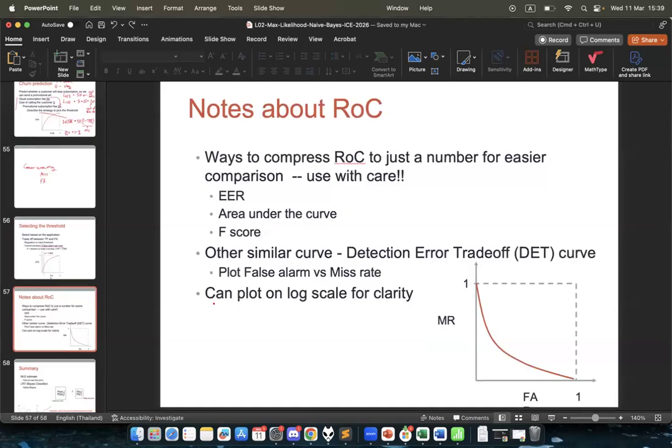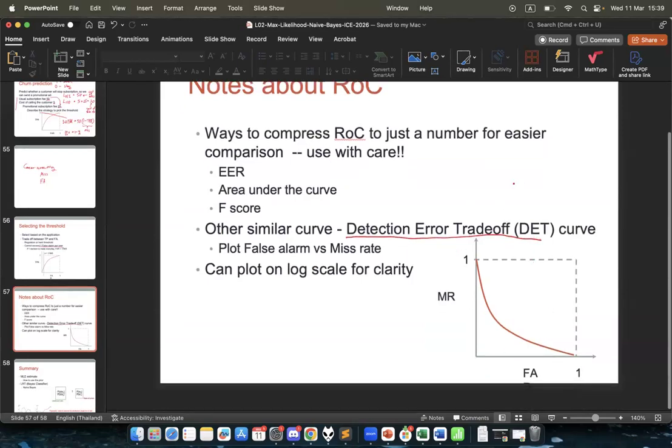And besides the ROC, there's another curve called the detection error trade-off curve, which looks like this. So ROC plots TPR and false alarm, right?